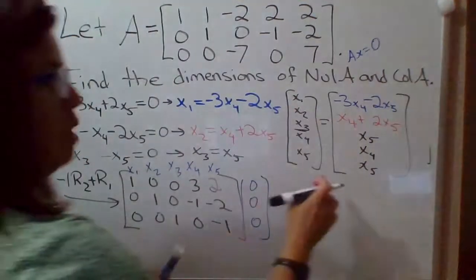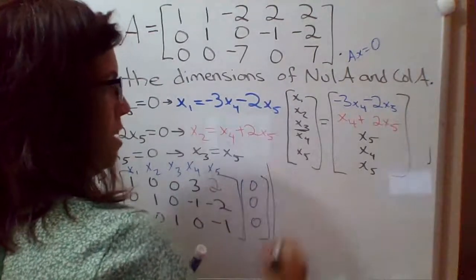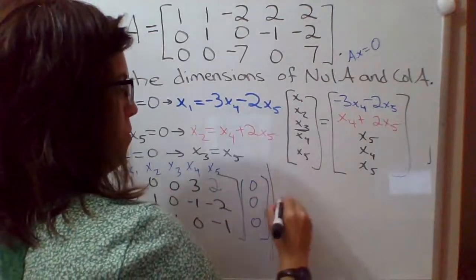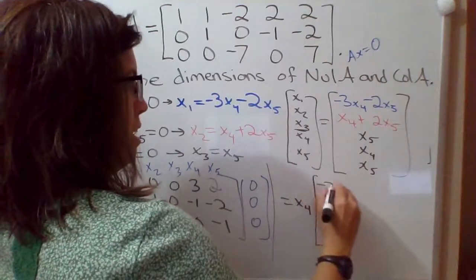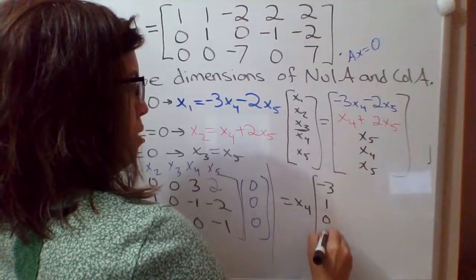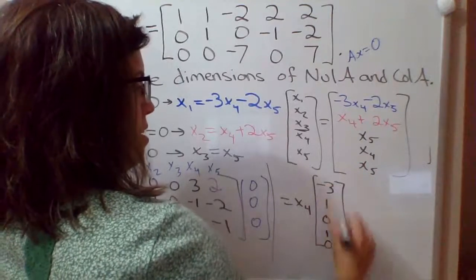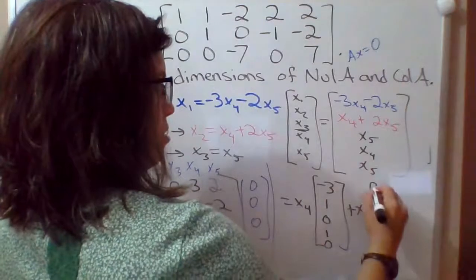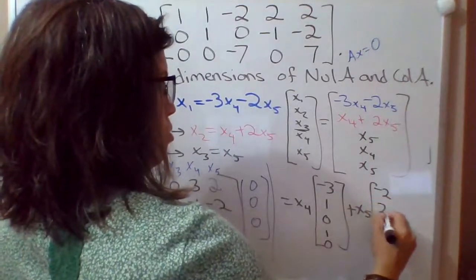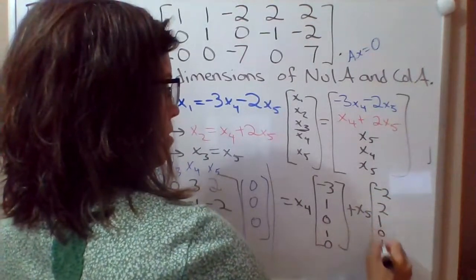So we could break that down into x4 times the vector negative 3, 1, 0, 1, 0, plus x5 times the vector negative 2, 2, 1, 0, 1.